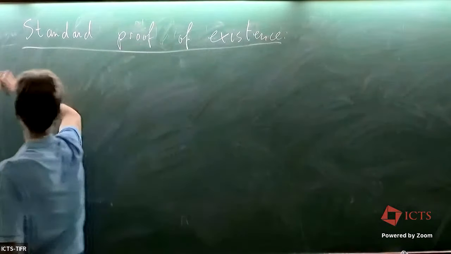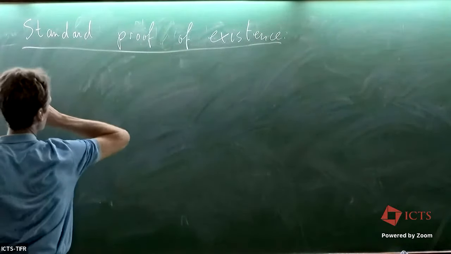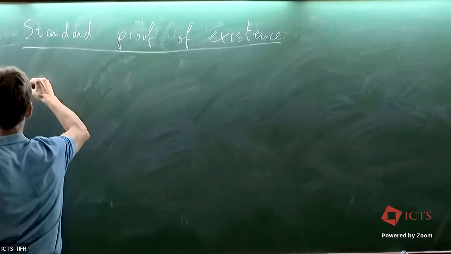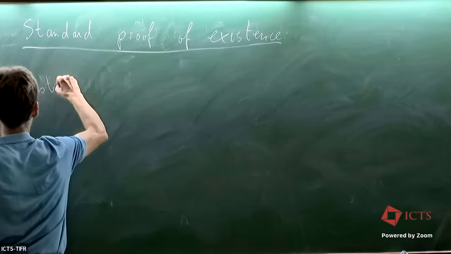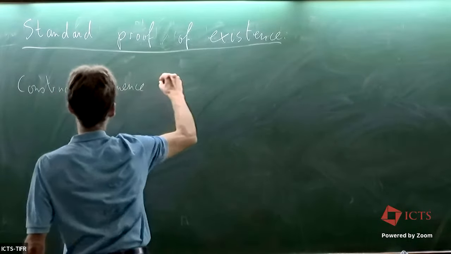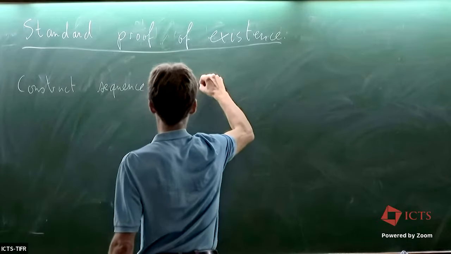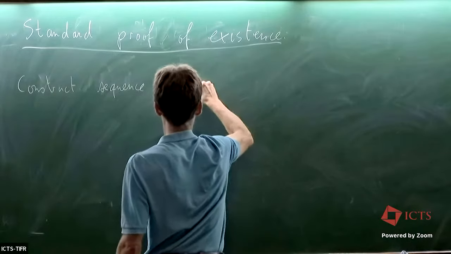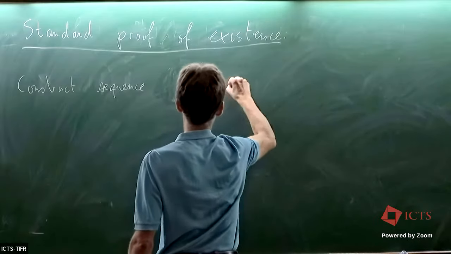So the first step is you construct a sequence of approximate solutions, so a sequence, let's call it V^p. I think that index p has not been used so far.